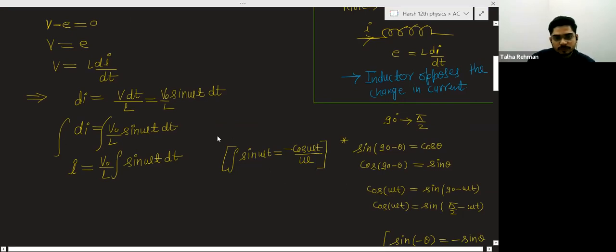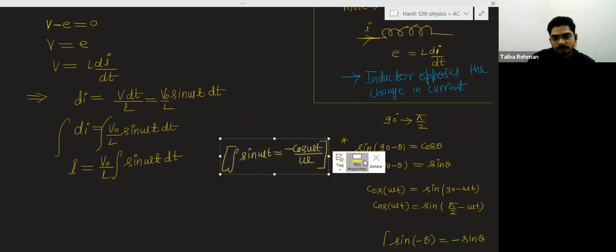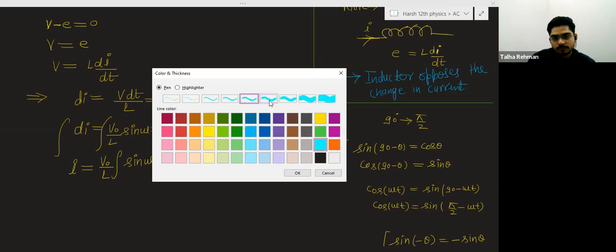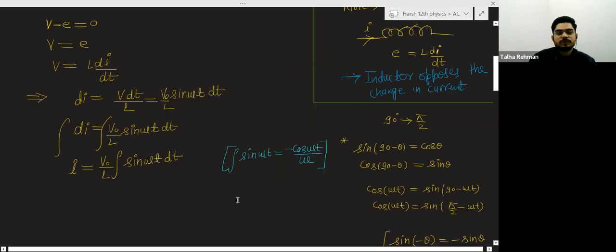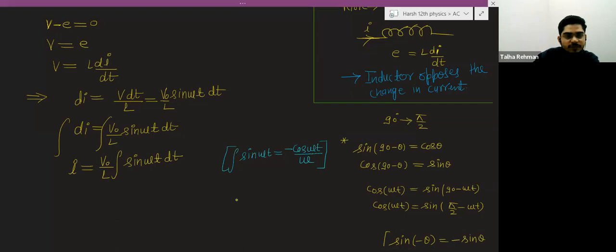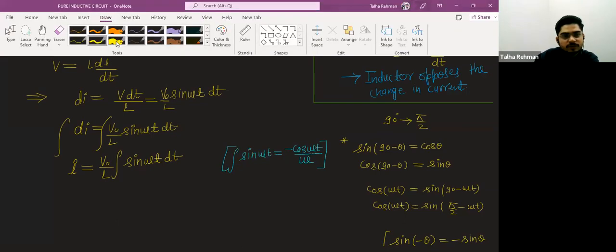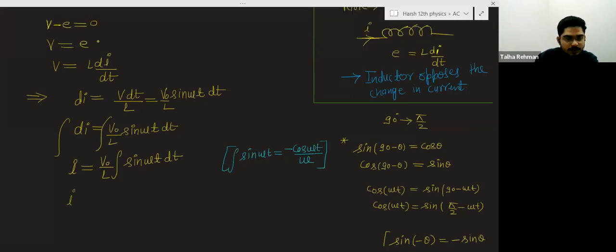Now we can further solve it. So this is the current, and this is V naught by L, times minus cos omega t by omega.